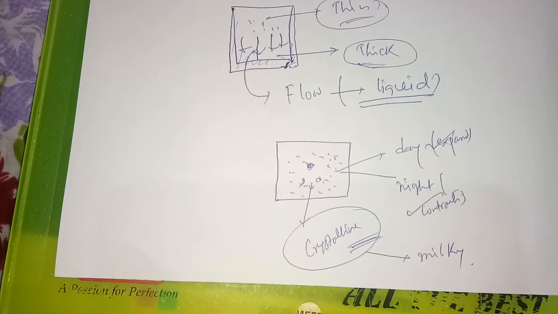We have read about two more properties, isotropy and anisotropy. Isotropy means same property in any direction, and anisotropy means different property along different direction. Then we talked about glass. We said that it is a super cooled liquid or pseudo solid.